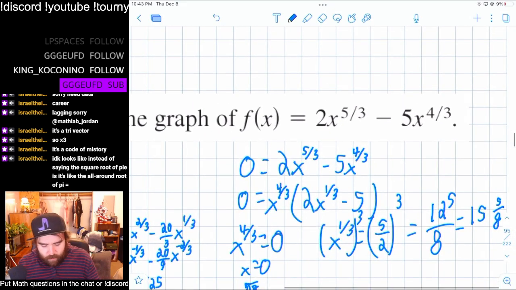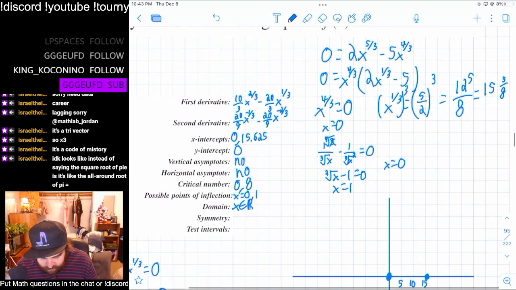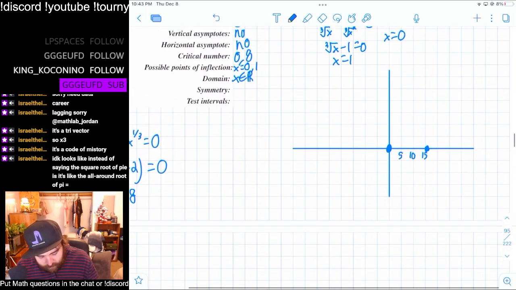So I kind of just want to plug in 8 into here and see what happens. So I get the cube root of 8, which is 2, to the 5th, which is 32, times 2, which is 64. And the cube root of 8, which is 2, 2 to the 4th, which is 16. 16 times 5, which is 80. So I have minus 80. So that's negative 16. So I have the point 8, negative 16.